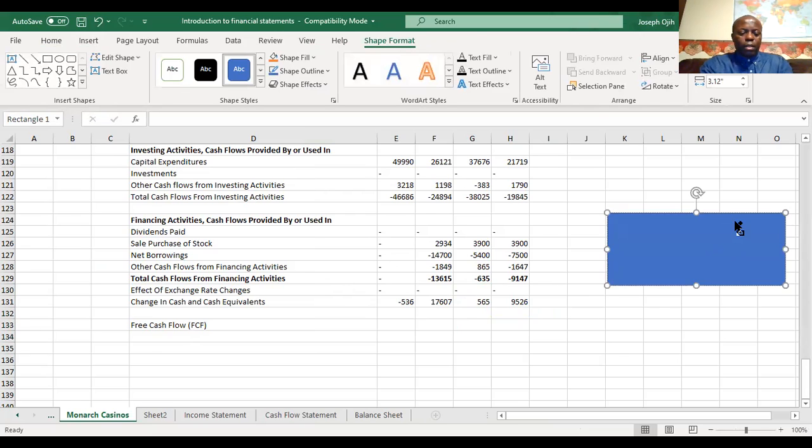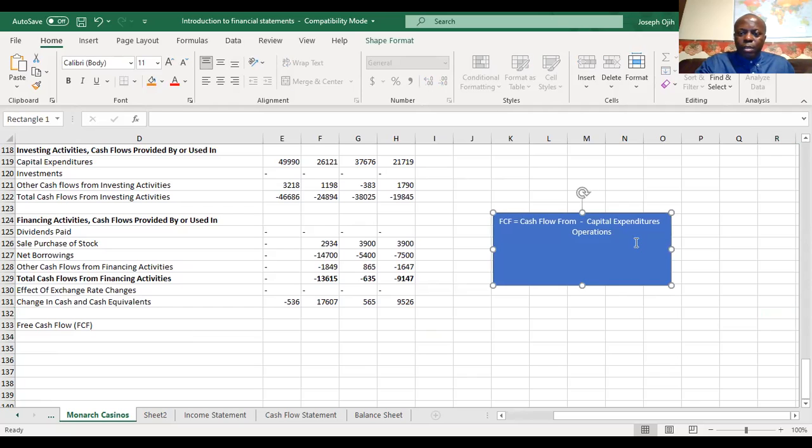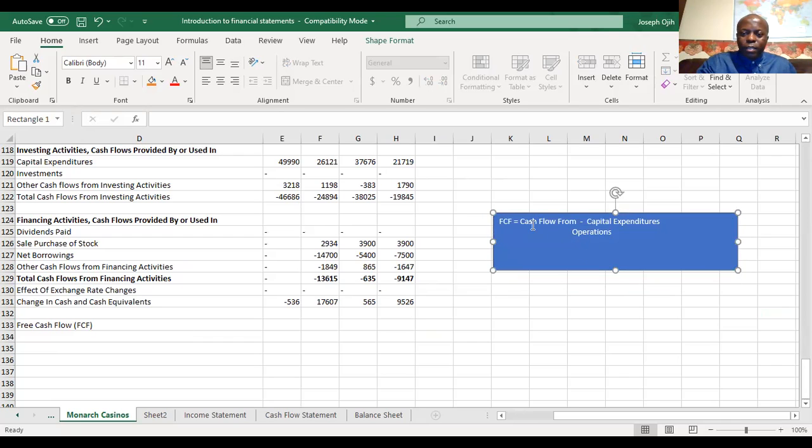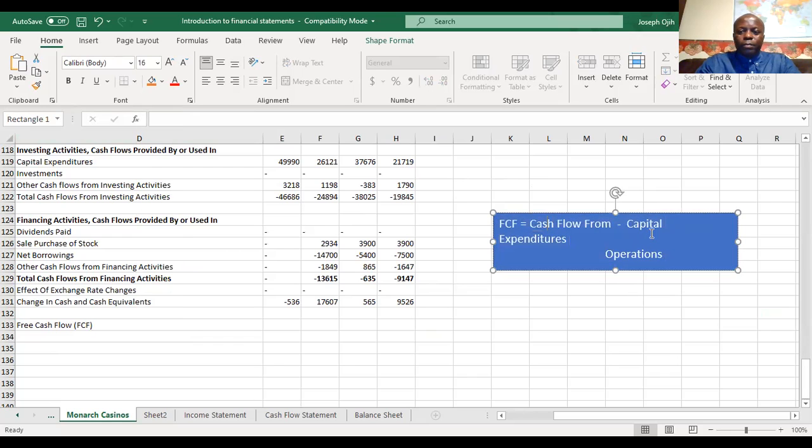Now, I'm going to make it a little bit bigger. Cash flow from operation.